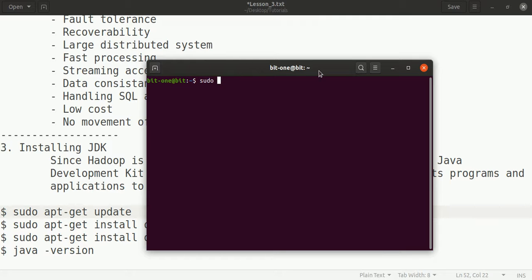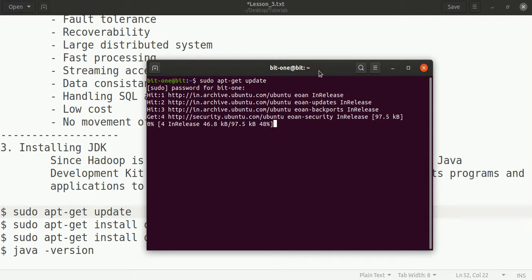I say sudo apt-get update. It needs the password, so I have to type the password. It is taking the updates. Everything is updated now.